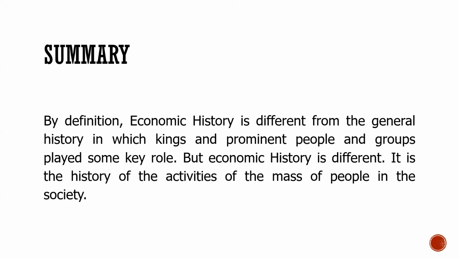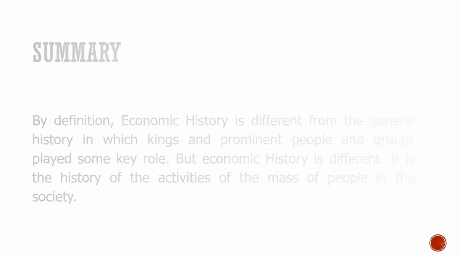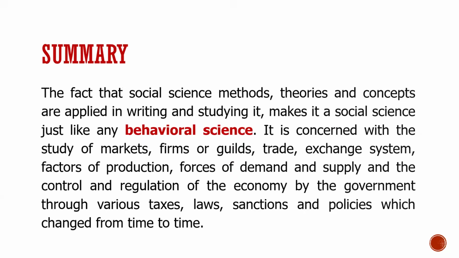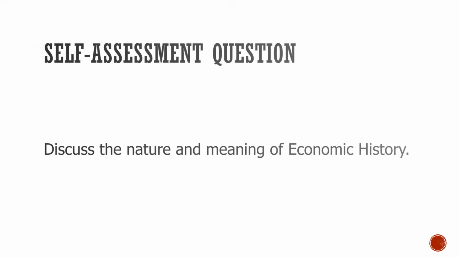It deals with how societies organize their means of production and how this reflects on the existential well-being of the people in the society. We have also mentioned how trade is conducted, how exchanges, forces of demand and supply, and the control and regulation of the economy by the government are done, either through taxation, law, and the policies adopted.